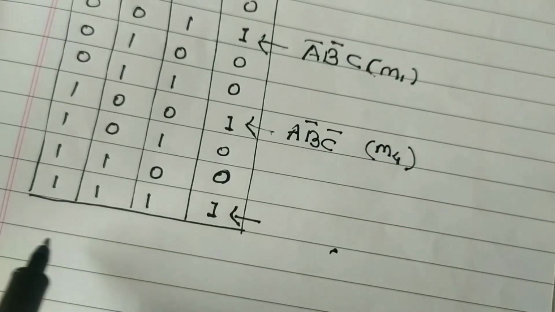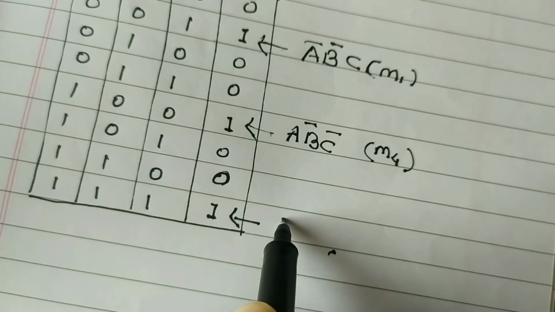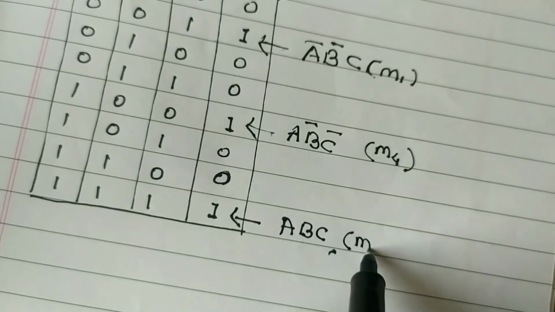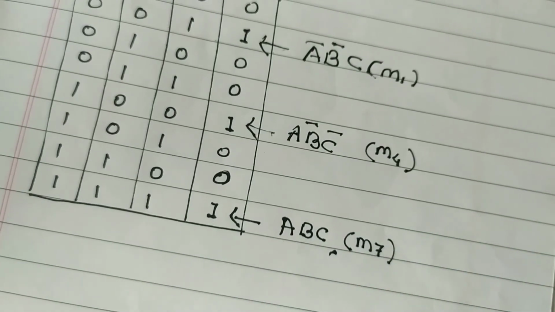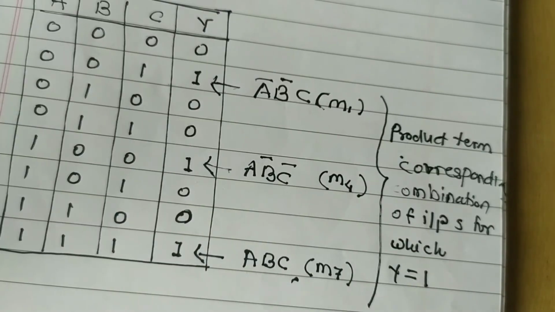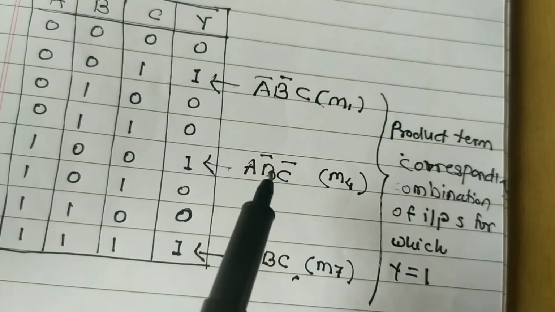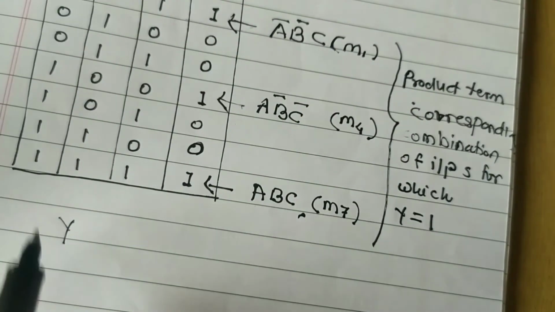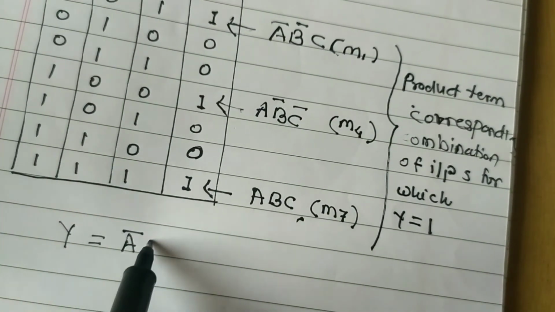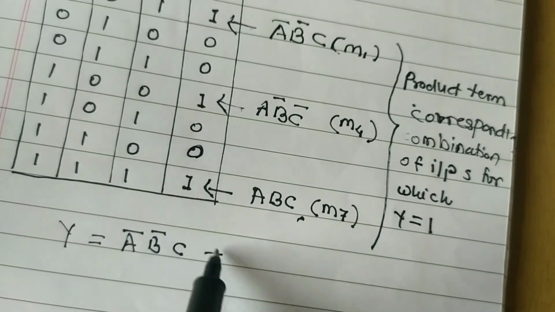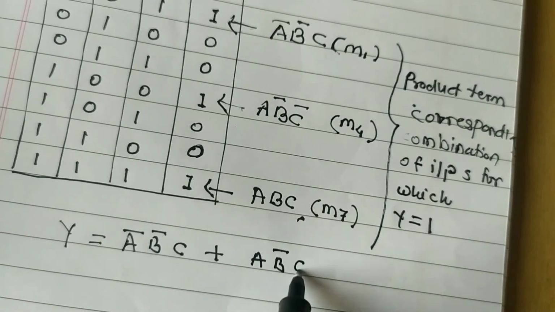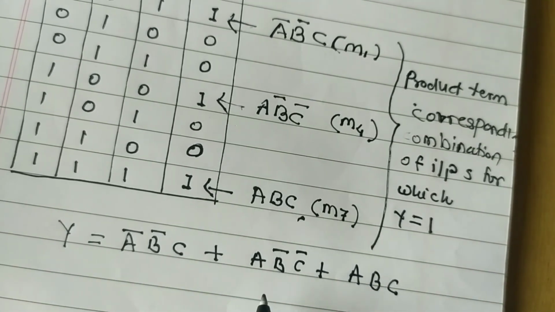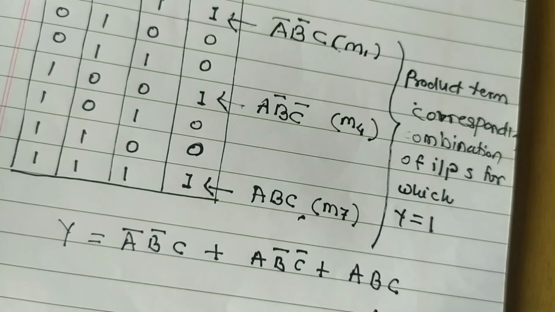And third is 1 1 1, A, B, C values, therefore its minterm is equal to A into B into C. To write the SOP equation, OR all these three product terms: Y equal to A bar, B bar, C plus A, B bar, C bar plus A, B, C. This is the required logic expression in standard SOP form.